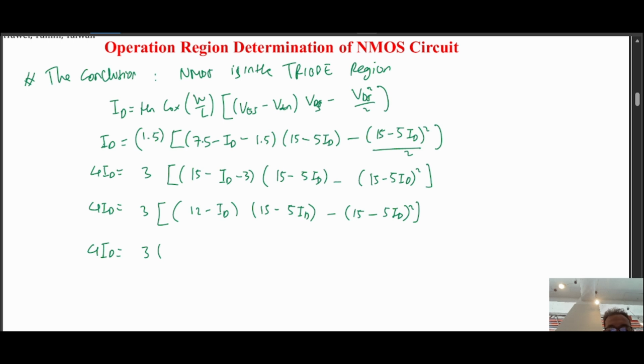We can put outside the (15 minus 5 ID) part, and we leave the (12 minus ID) minus (15 minus 5 ID) here, and we get 4 ID is equal to 3 times (15 minus 5 ID) times (12 minus 15 is minus 3, minus ID plus 5 ID is 4 ID).